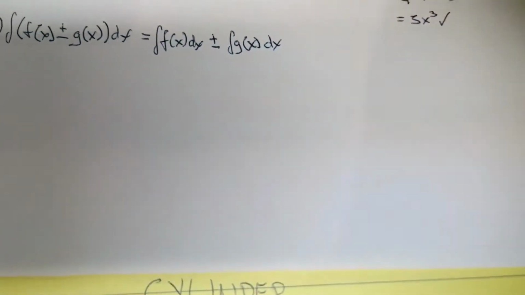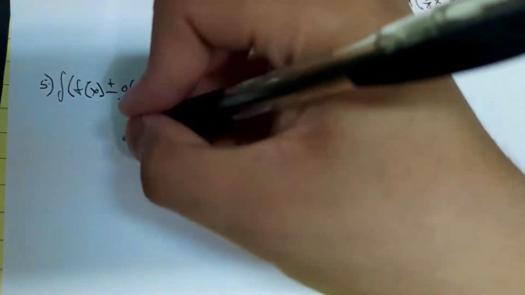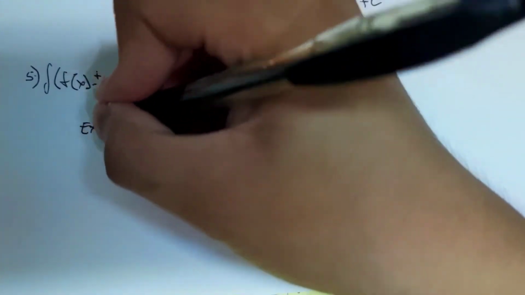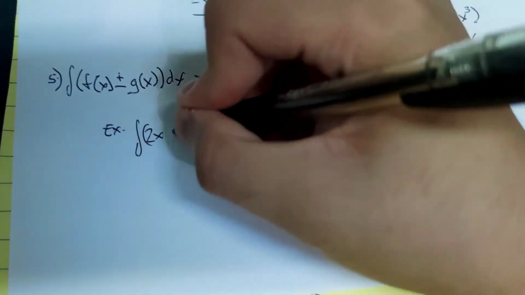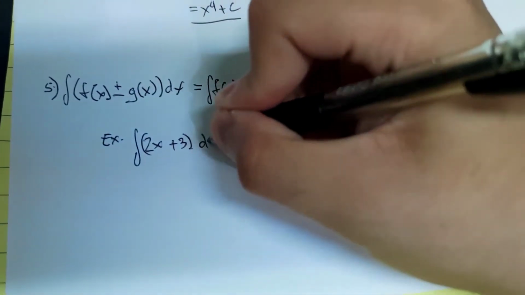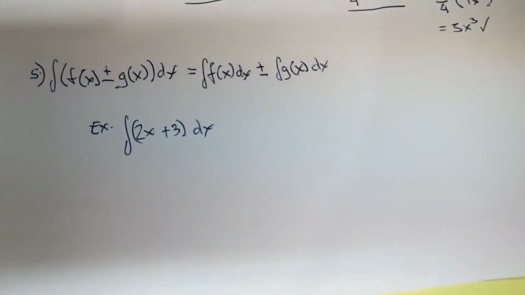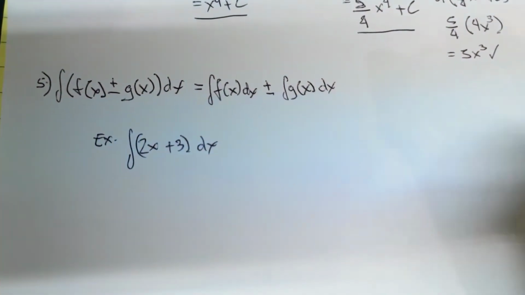So let's have our example. Let's say we're trying to integrate 2x plus 3 dx. We can just integrate this piece by piece.